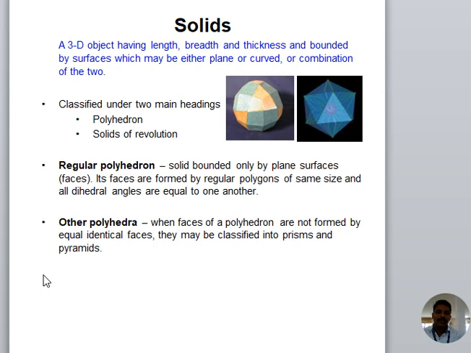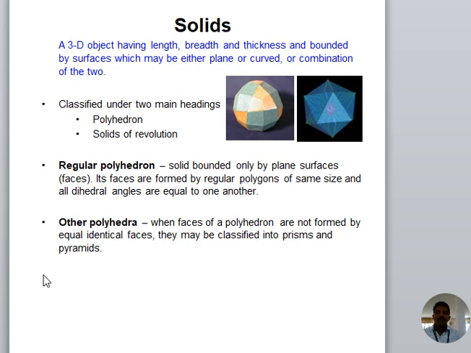Solids of revolution are obtained by revolving a plane figure, like a rectangle or semicircle, about a fixed line. Examples are cylinder, cone and sphere. Polyhedron examples are regular polyhedron, prism and pyramid.